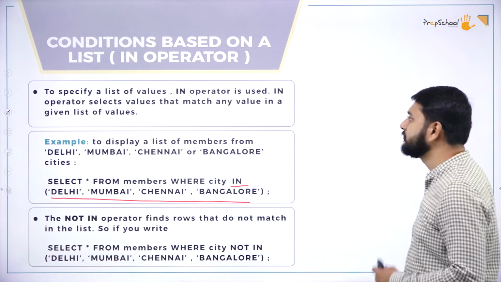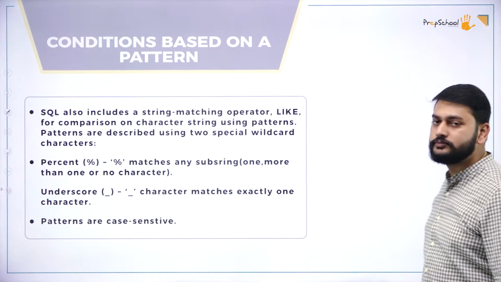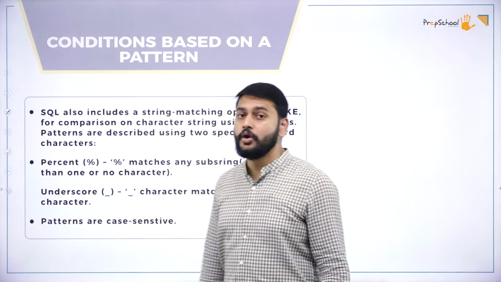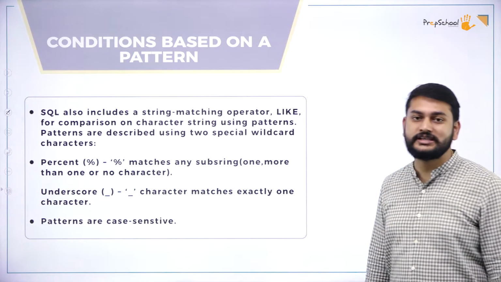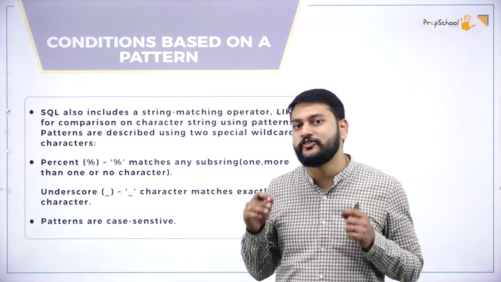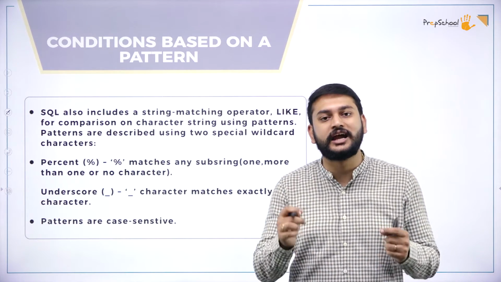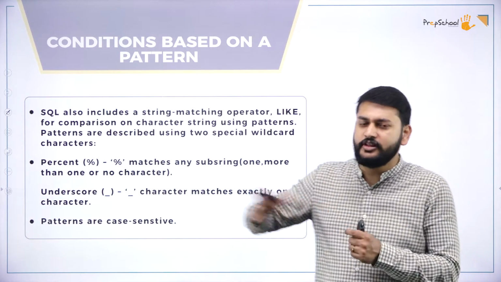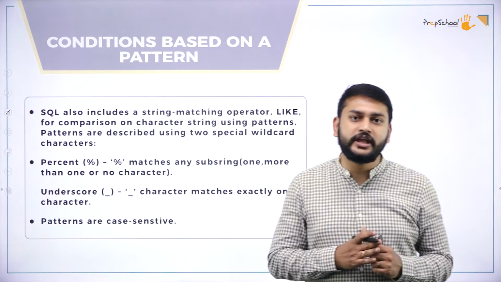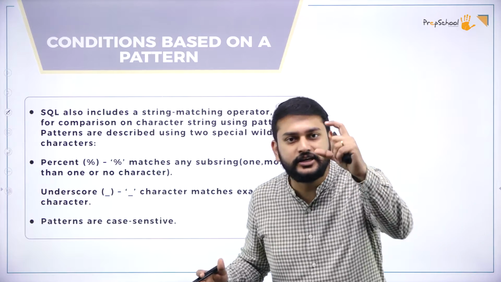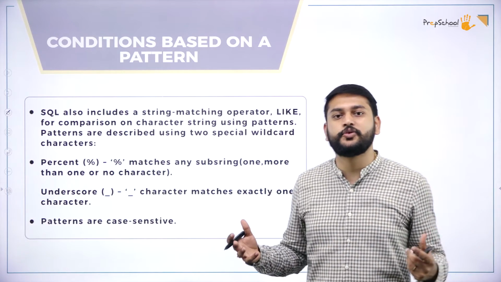So moving on to the next one, pattern. This is very, very interesting. So how exactly is this pattern working? Suppose I ask you to retrieve the student names whose name starts with A. Whatever you have after A, I don't mind, but the starting letter should be A. Then how do I write the query for that?